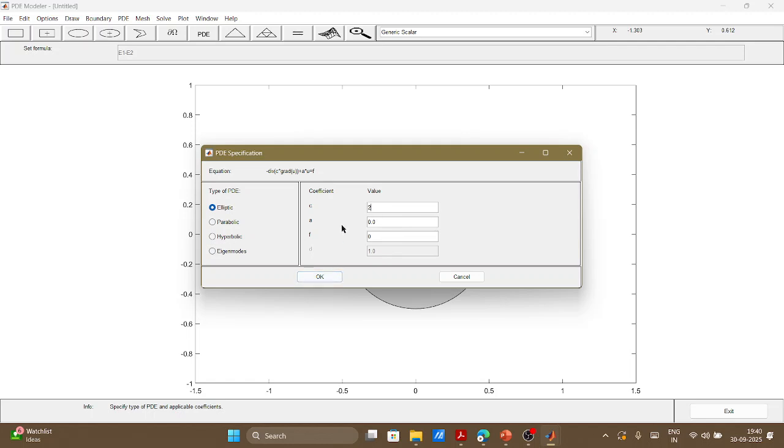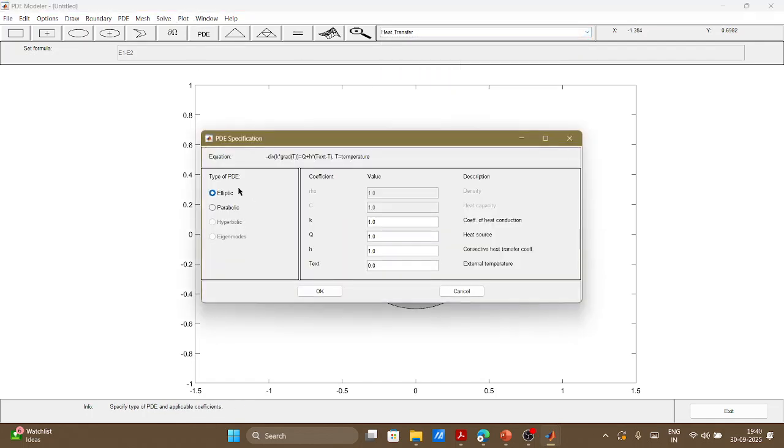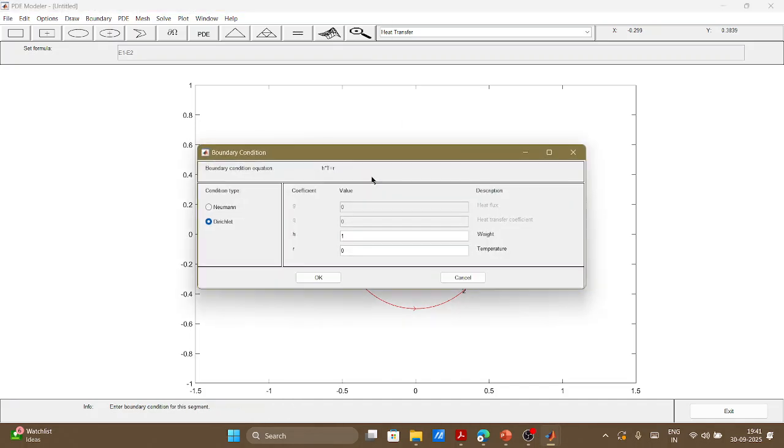Okay, if I do the heat transfer equation... Oh, I have to provide the boundary conditions again.